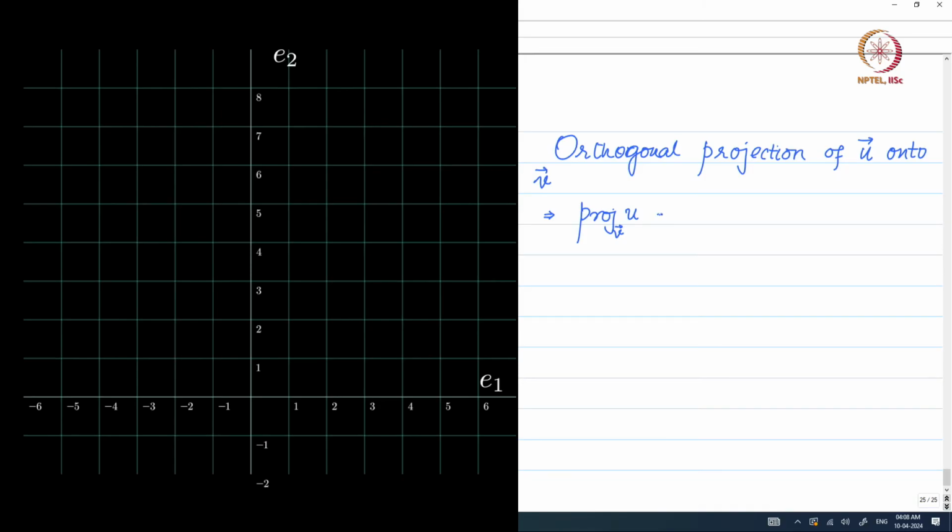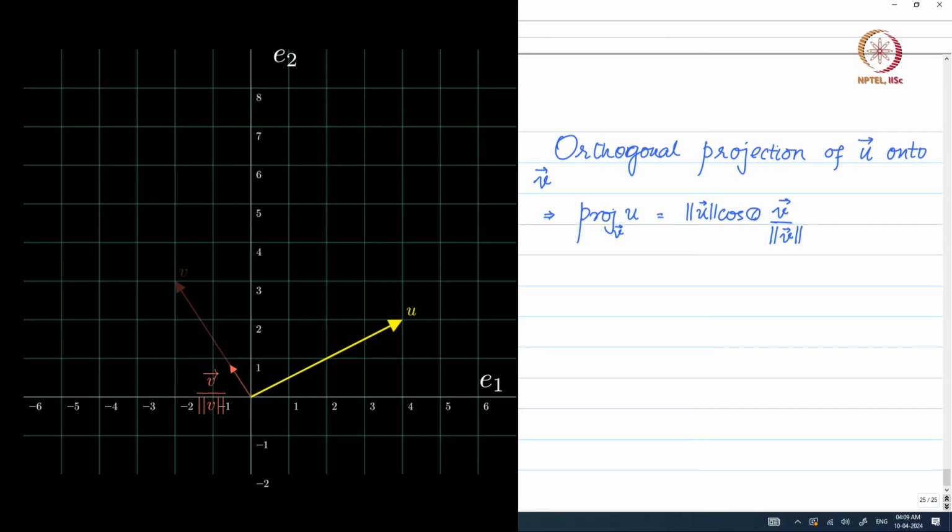So, that is basically given by, we already know what it is. This is nothing but u cos theta along the direction of the unit vector in the direction of v. So, this is going to be multiplied by v divided by its norm.